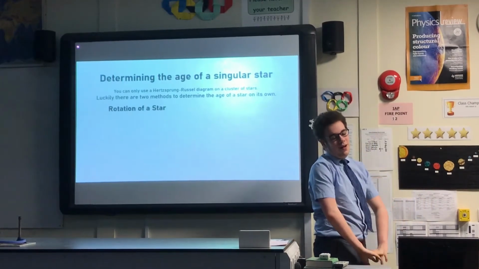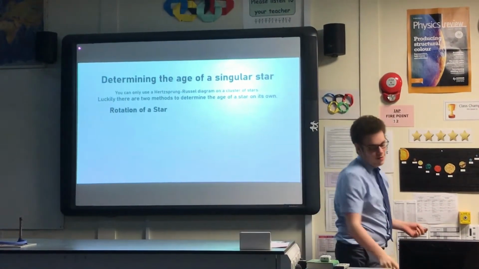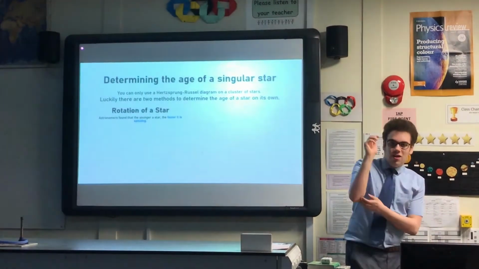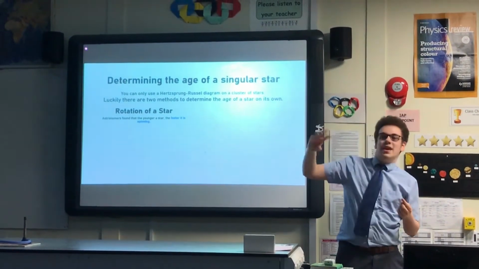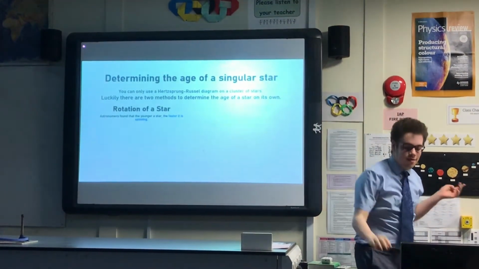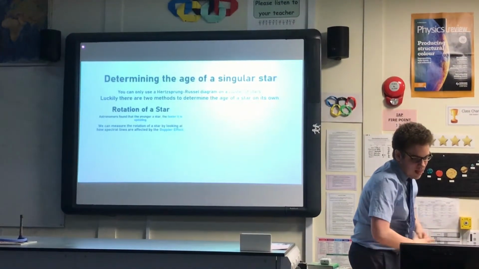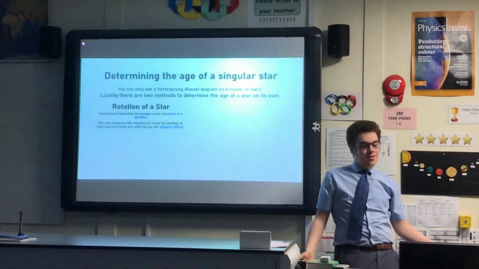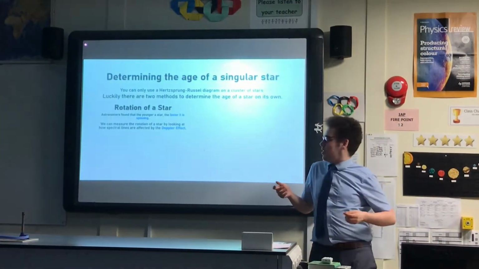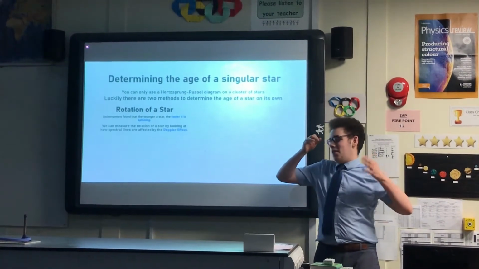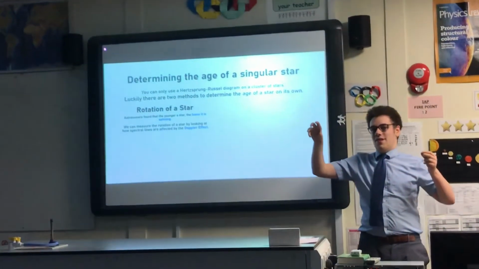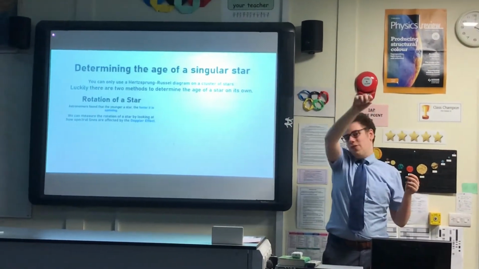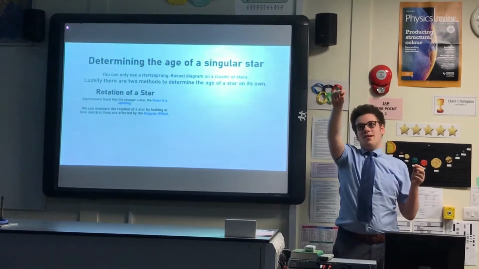So method number 1, the rotation of a star. We spotted that young stars appear to be spinning faster than older stars. Now, how do we measure the rotation? Well, if we observe the spectrum of the star, radiation is coming from points that are moving.